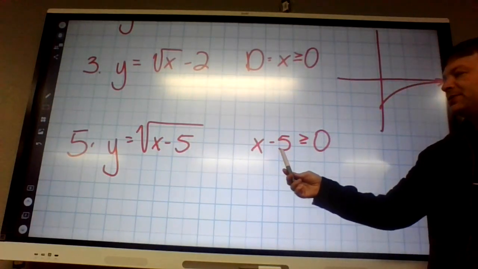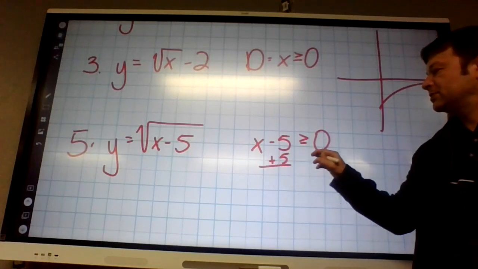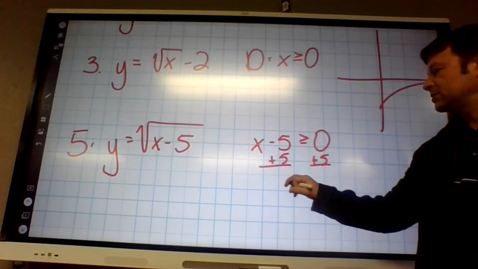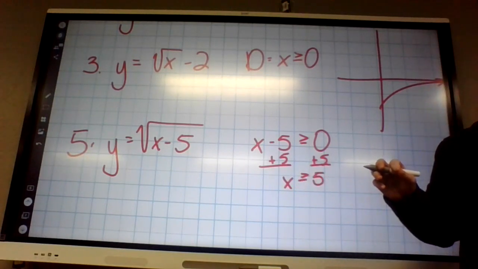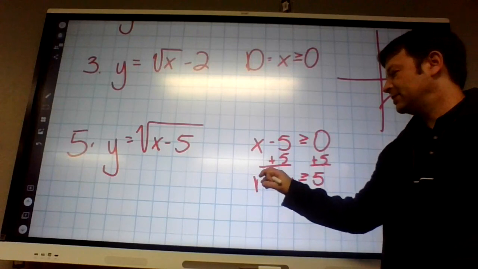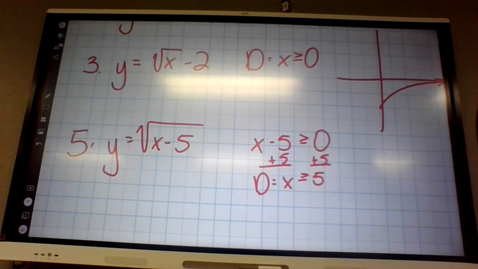So how do I solve this for x? Add 5. So x is greater than or equal to 5. So the domain is x is greater than or equal to 5. You guys got it? You just take what's under the radical, say this is greater than or equal to 0, and then solve for x.